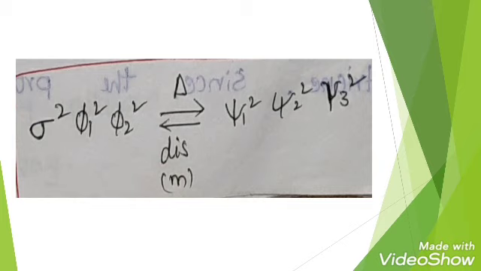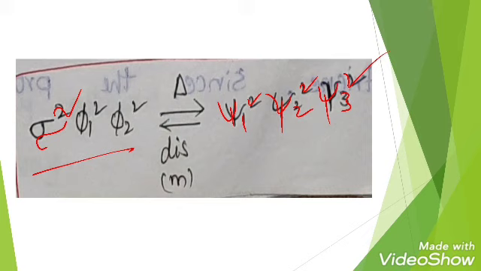Which is represented like this: sigma 2 pi 1 2 pi 2 2. This is the electron configuration of the ground state orbitals of cyclohexadiene, and psi 1 2 psi 2 2 psi 3 2 is the electron configuration of the ground state orbitals of the hexatriene system.